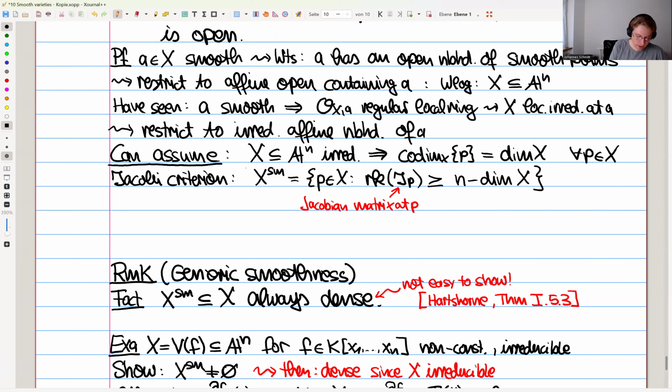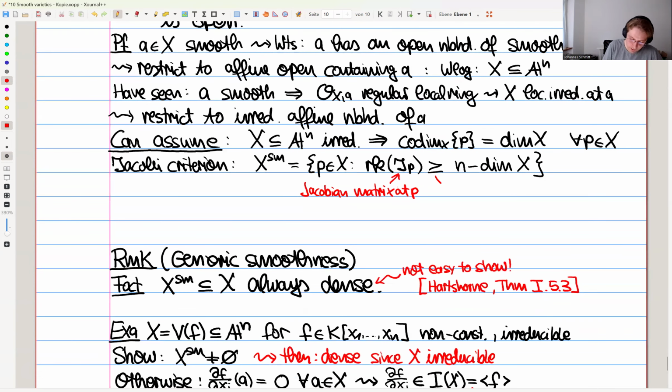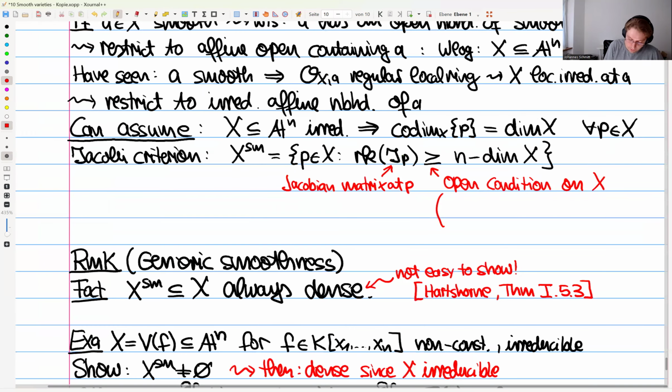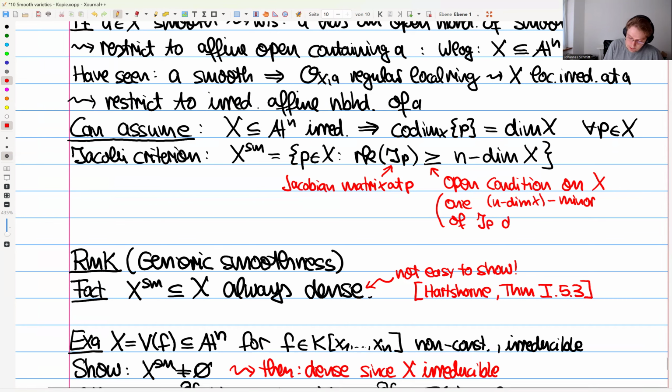So we have reduced this definition to purely an inequality of the rank of this matrix, but the claim now is that having rank at least some fixed number is an open condition on X, because having rank at least some number just means that one of the (n minus dim X) by (n minus dim X) minors of this matrix J_P does not vanish.